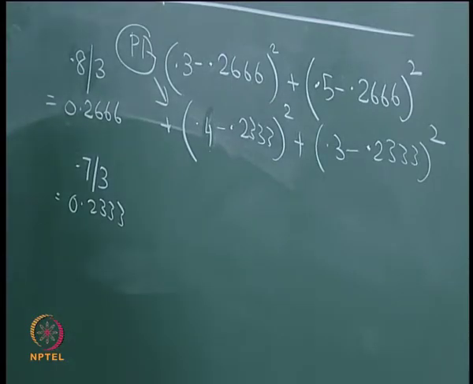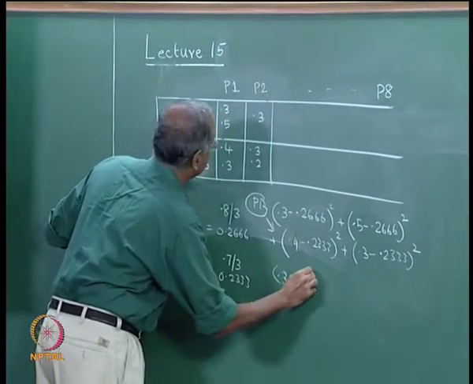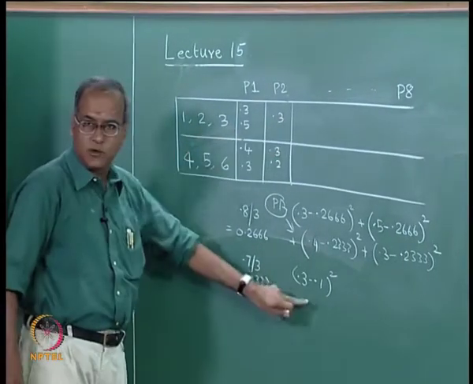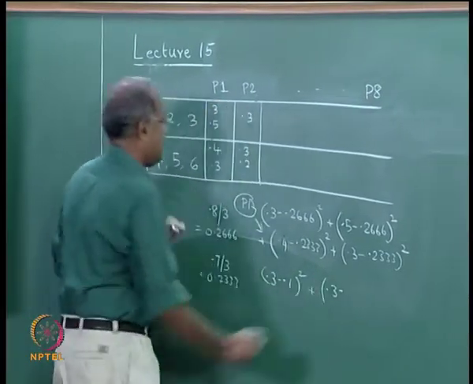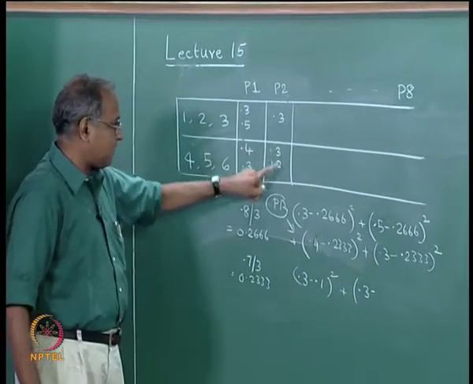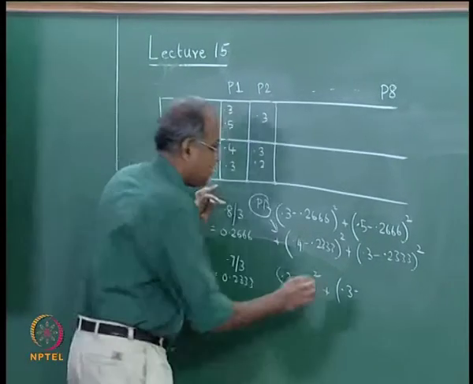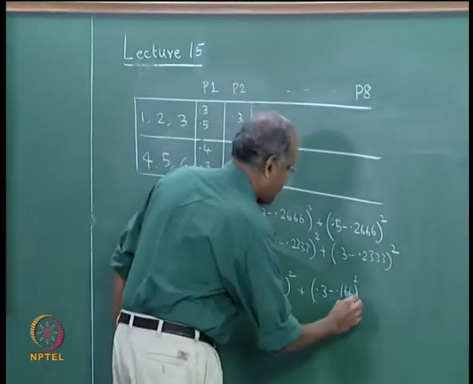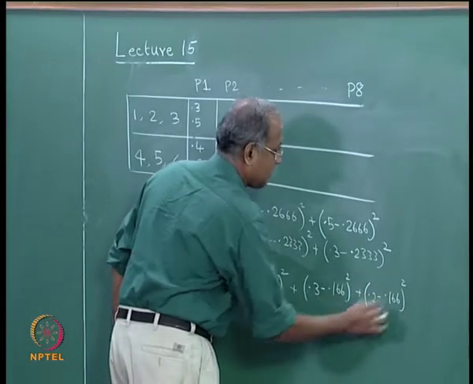Now, what is the contribution of P2 to the cell load variation? Contribution will be (0.3 minus 0.1) square, because total is 0.3 by 3, 0.1, plus (0.3 minus 0.166) square, since 0.5 by 3 is 0.166, plus (0.2 minus 0.166) square, like that.